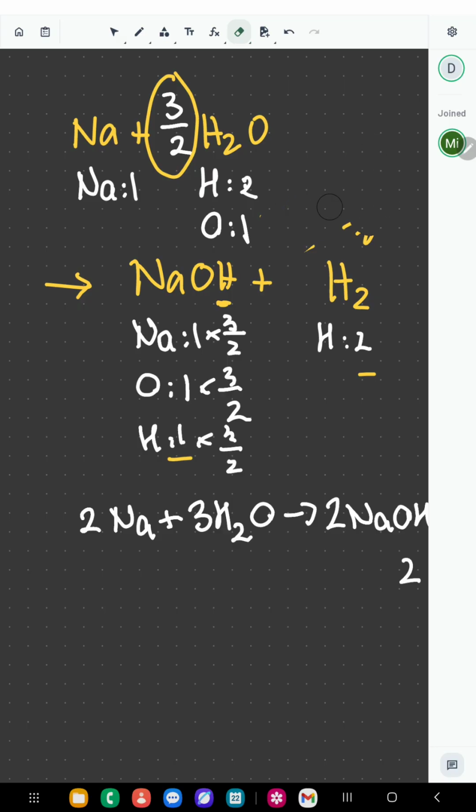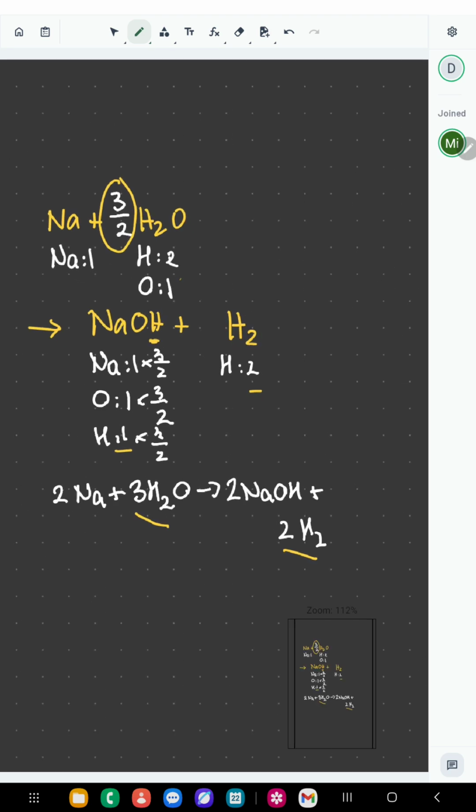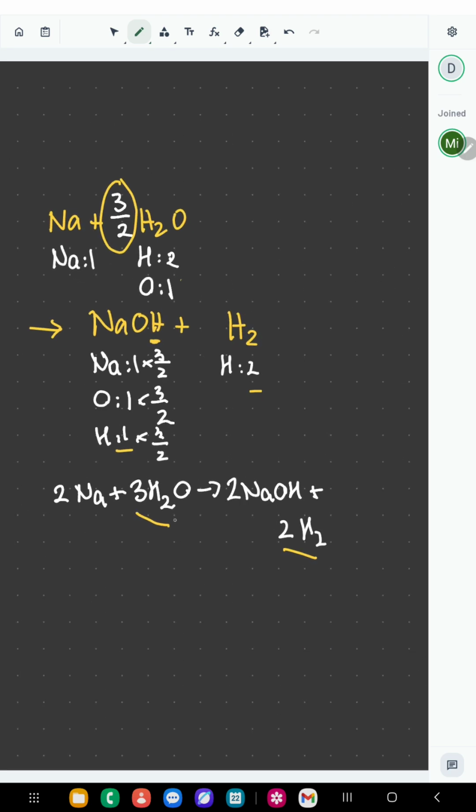Yeah, but then hydrogen is not 6. Yeah, look at the hydrogen at the bottom. See? Hydrogen here is 6. Here is 4. Oh no, it's 6. Okay. Sodium 2. Oxygen is 3. Yeah, oxygen is not balanced because oxygen on the right is 2.